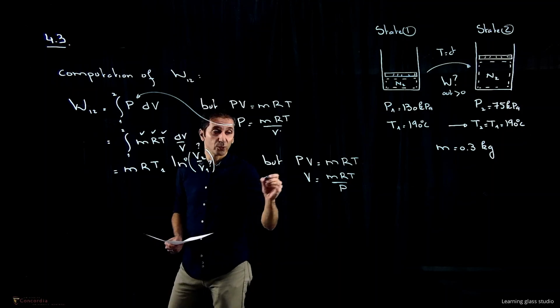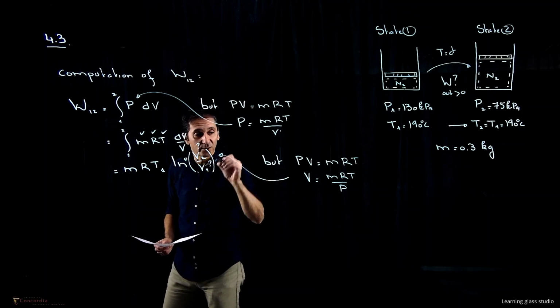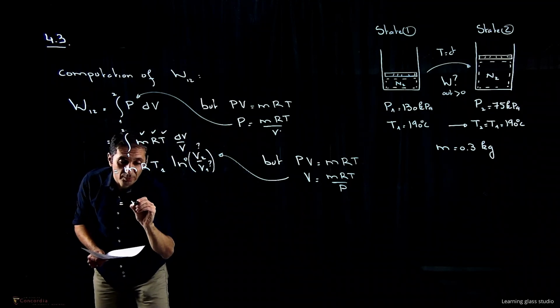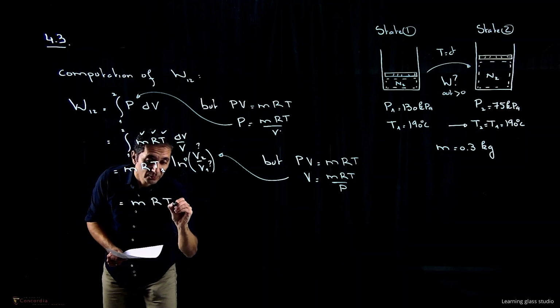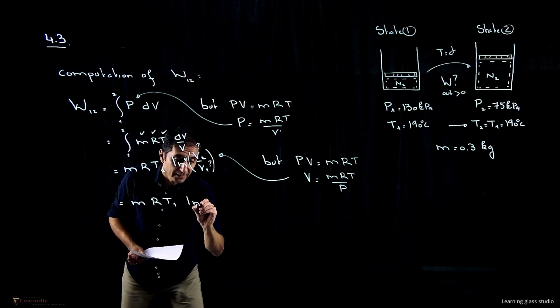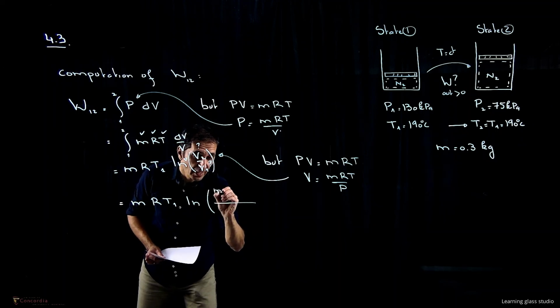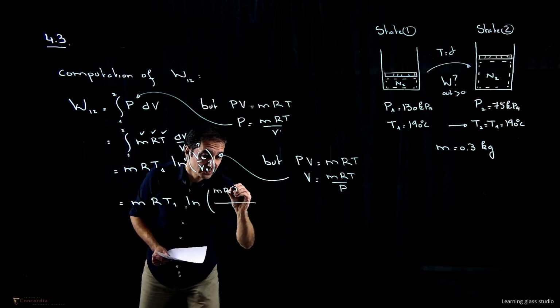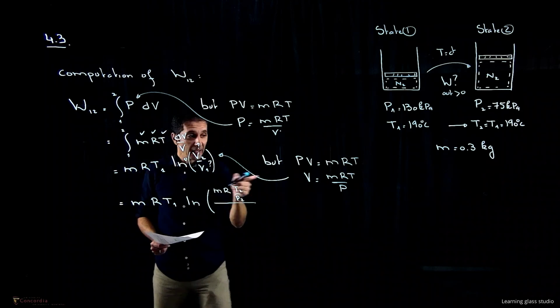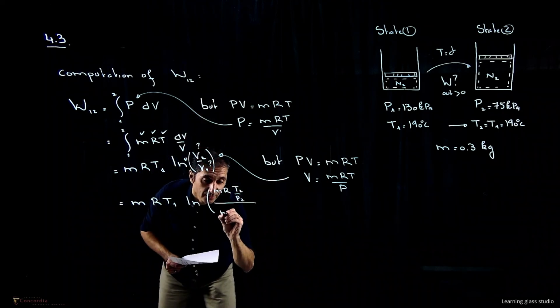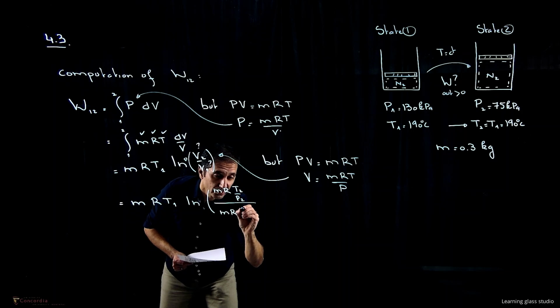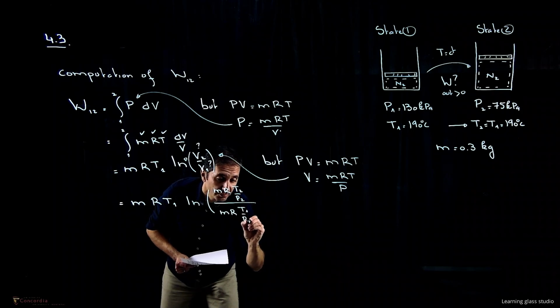And now what we can do, we can plug the values here. So this will be mRT1 ln of, okay, our V2 becomes mRT2 over P2, right? And our V1 becomes mRT1 over P1.